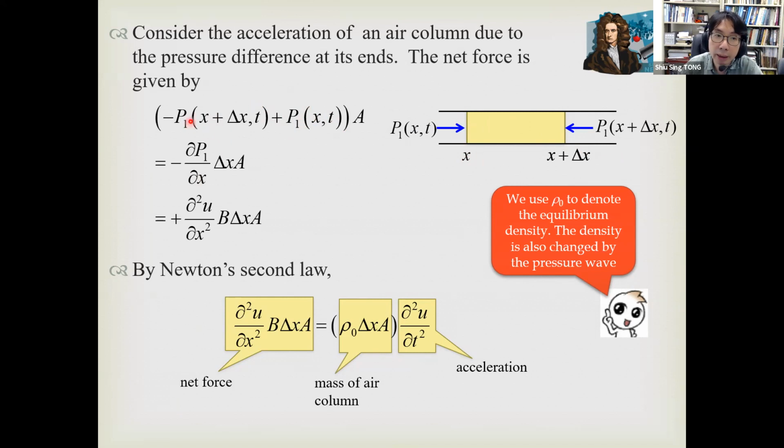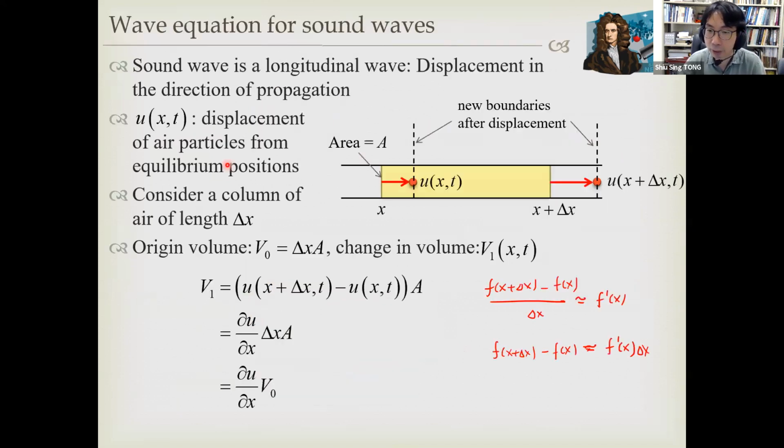Now you can immediately see that if I extract a minus sign, then P1 at x plus delta x minus P1 at x is ∂P1/∂x multiplied by delta x. We have the same trick as before. In the previous slide, we used this relation to approximate the difference in u by ∂u/∂x times delta x.